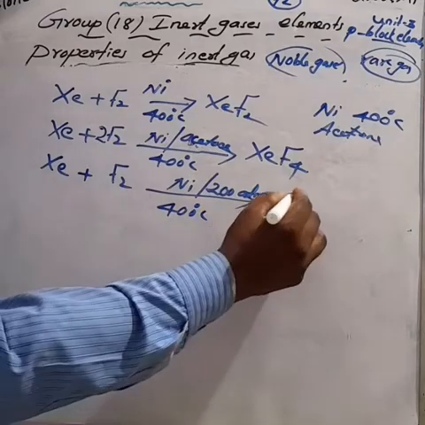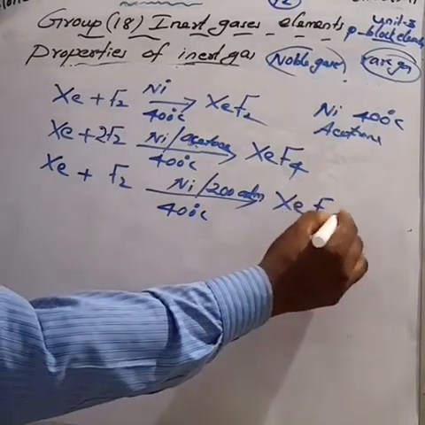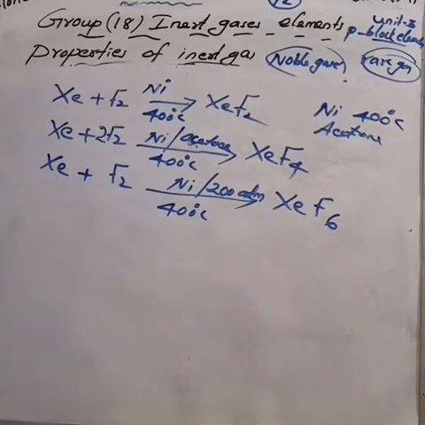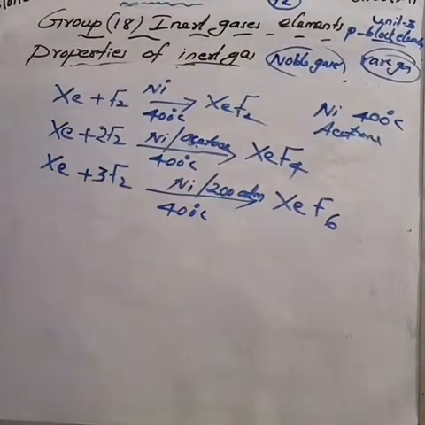We get xenon hexafluoride, XeF6. How can we balance the equation? The product side has 6 fluorine, so make the reactant side 3F2. Now the equation is balanced.